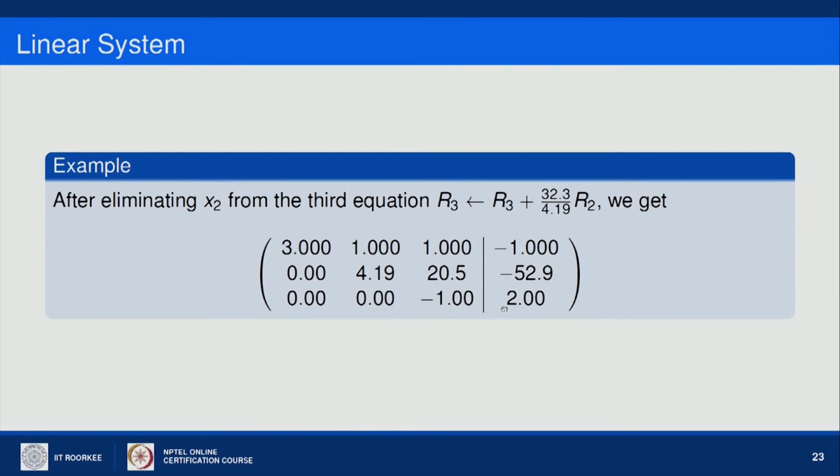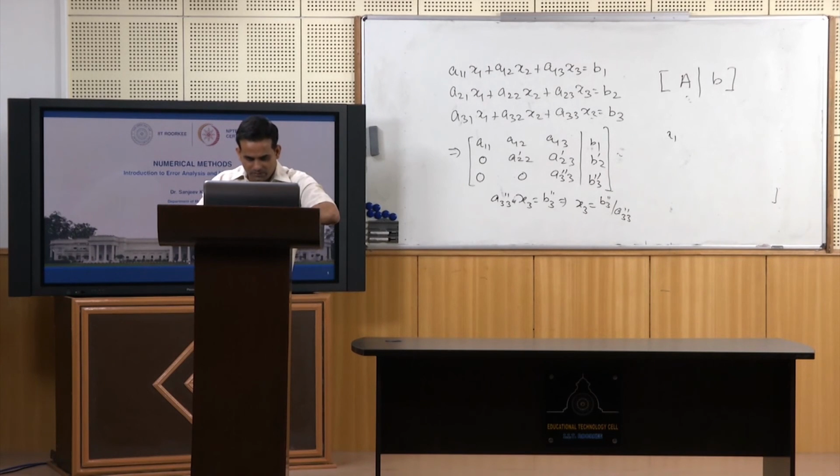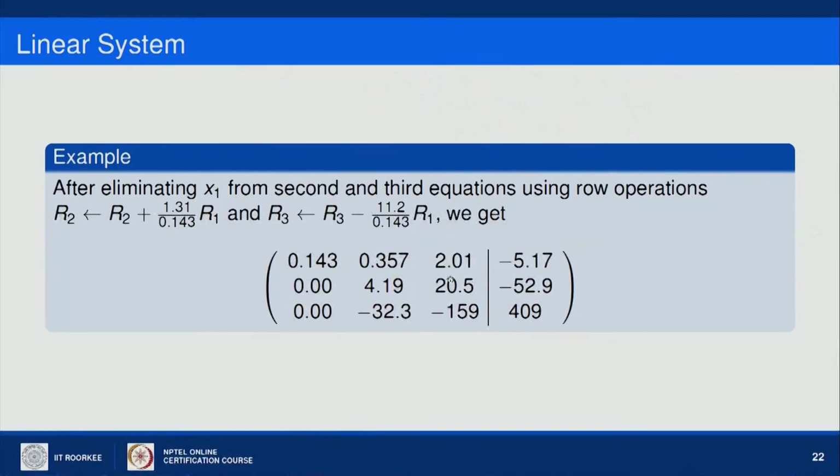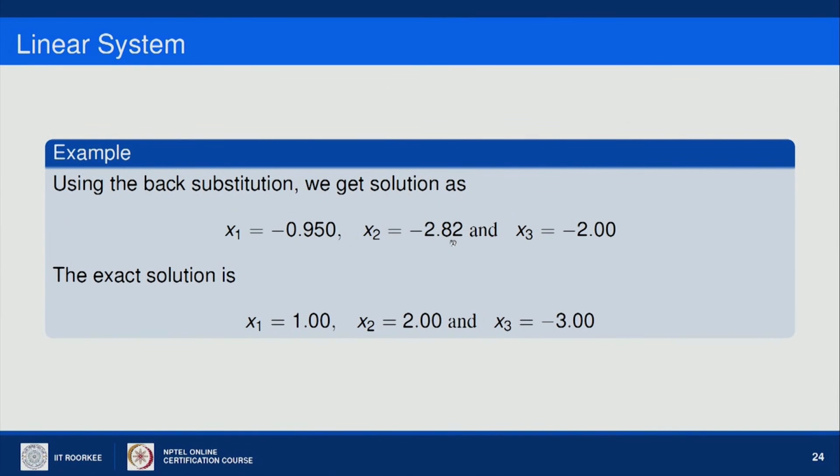Now, from the third row I can say that x3 is 2 upon minus 1, that is minus 2. If I substitute this value of x3 in the second equation, I will get x2 as minus 2.82, and finally, if I substitute the values of x3 and x2 in the first equation, I will get x1 as minus 0.950.